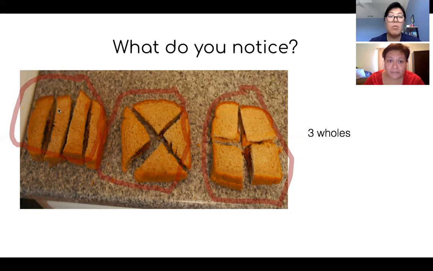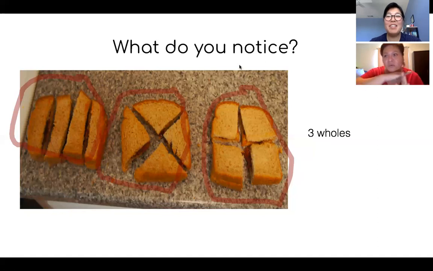And so when we look at the first sandwich, Ms. Rosales said that they broke it into vertical cuts, right? And then when we look at the second whole object, it was divided into triangles. And then the third sandwich, it was broken into, what did you say?